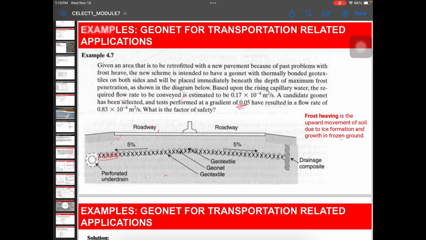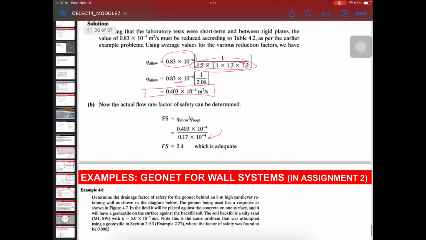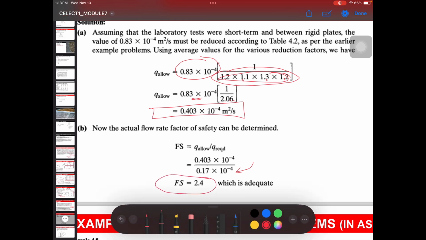So, eto na yung Q required natin. And checking the units, parehas sila. So, magka-cancel out sila totally. No need for conversions. So, ayun na. Ang makukuha natin is 2.4. So, okay yung factor of safety natin.